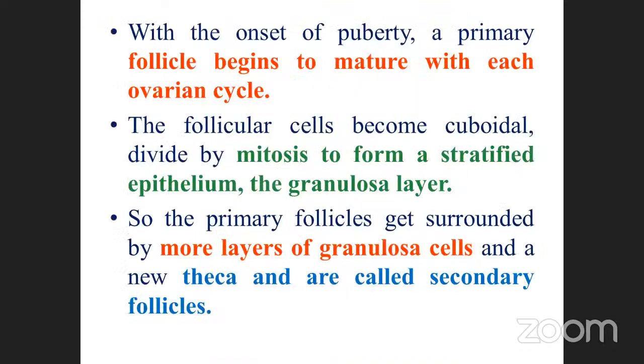See here. With the onset of puberty, a primary follicle begins to mature with each ovarian cycle. This is another step. The follicular cells become cuboidal, divided by mitosis to form a stratified epithelium, the granulosa layer.